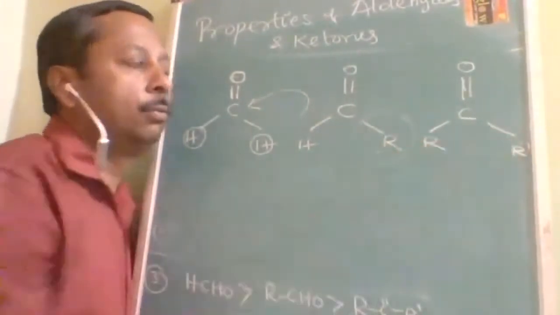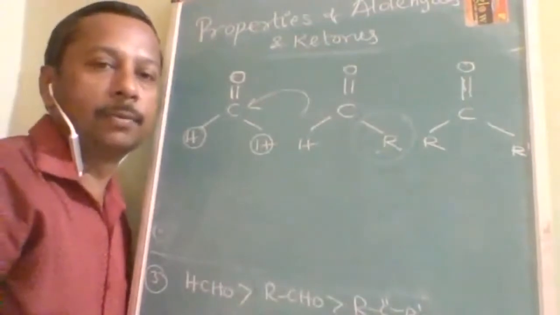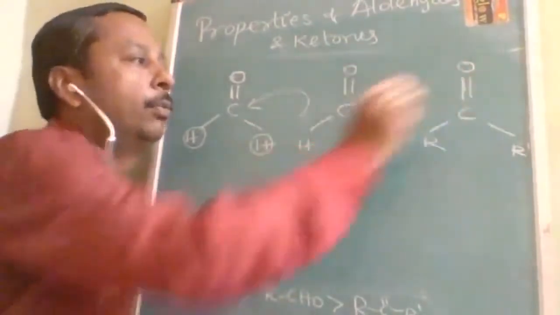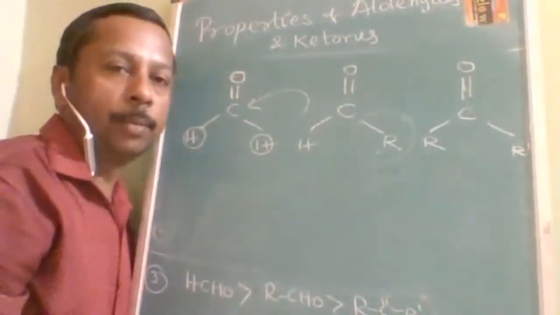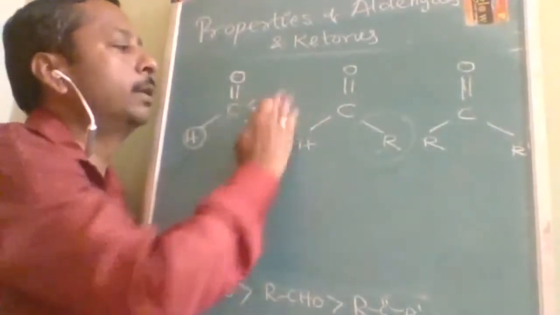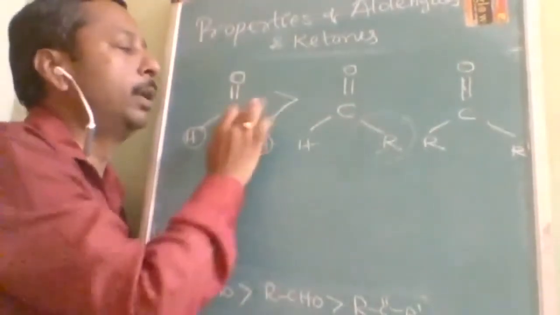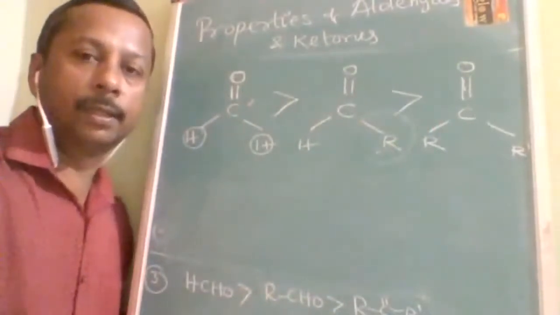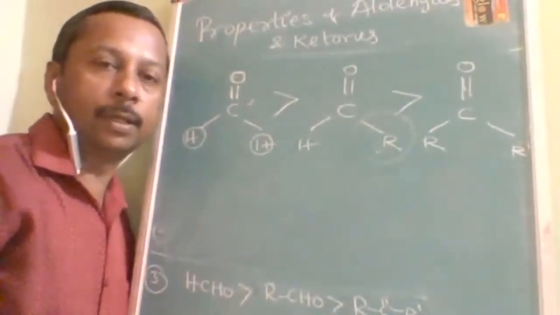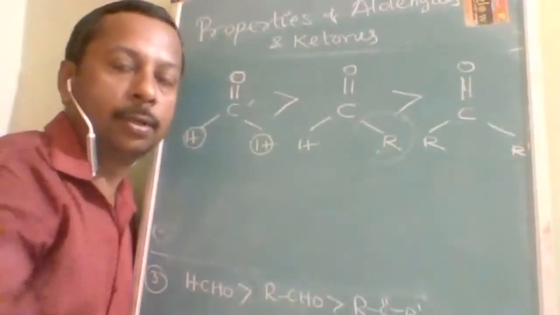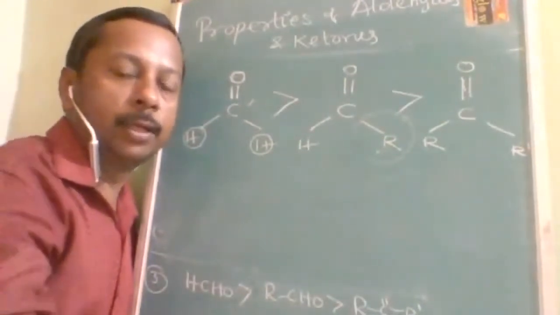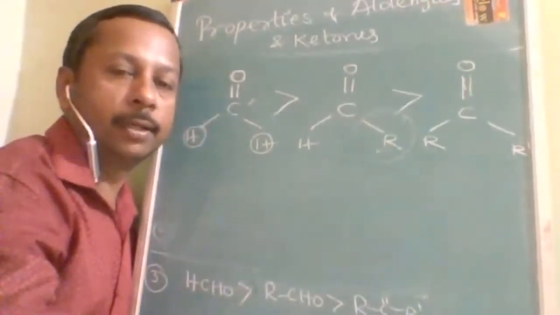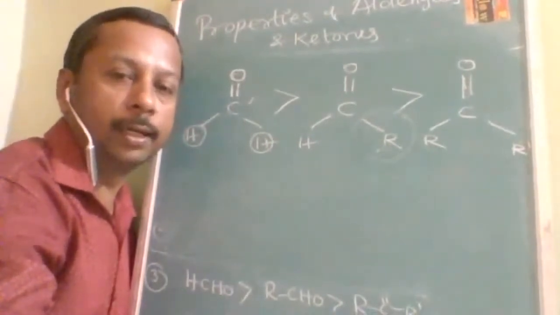When both alkyl groups are there, it becomes very difficult for anybody to approach the pi bond from any direction. Therefore, the highest reactivity will be formaldehyde, the second highest will be any other aldehyde, and the least reactivity will be the ketone. Is it understood? This is about the general, introductory properties of aldehydes and ketones.